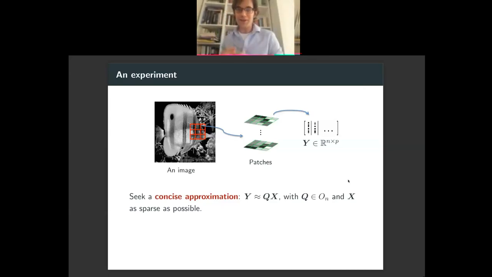Okay, so that's a good question. That's often a question that you ask around these types of models. In the experiment that I'm going to show you, the patches are not overlapping. You can make them overlapping. Also, if you really care about doing this for image approximation, it's probably a good idea to make the model convolutional.